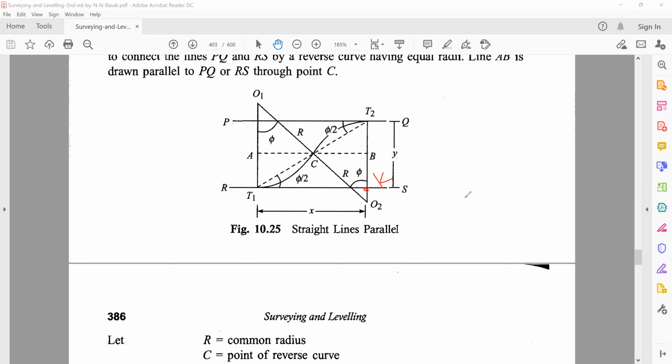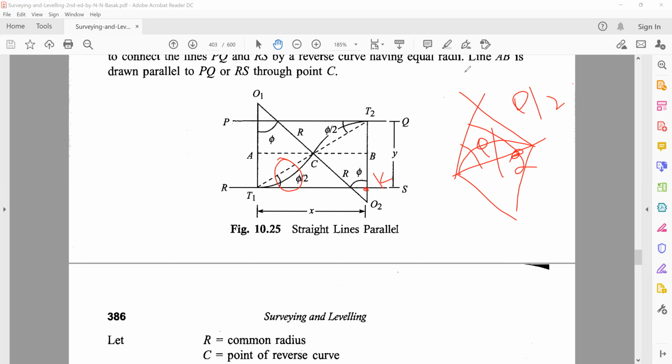So sine phi by 2, and this angle, remember, is phi by 2. And this is basically the same thing that we have done before in a simple circular curve in which you have the two tangents and this is a long chord and this angle is equal to phi by 2. And that is why when you lay out the curve by deflection angle method, the end deflection angle is equal to phi by 2.